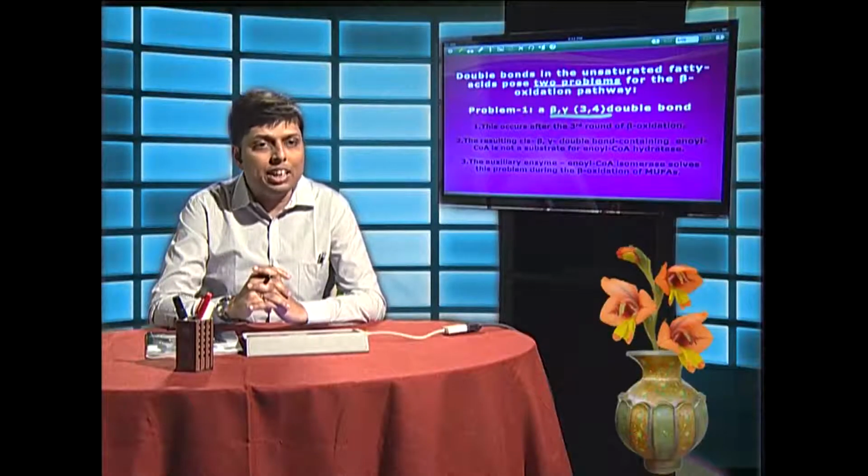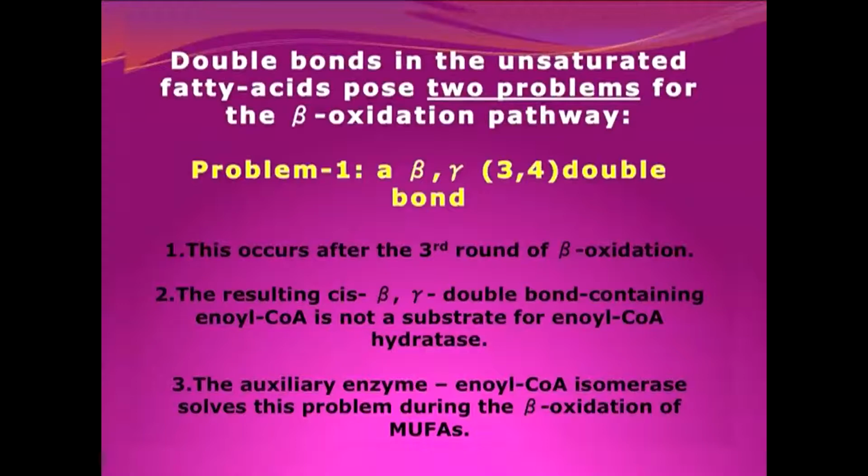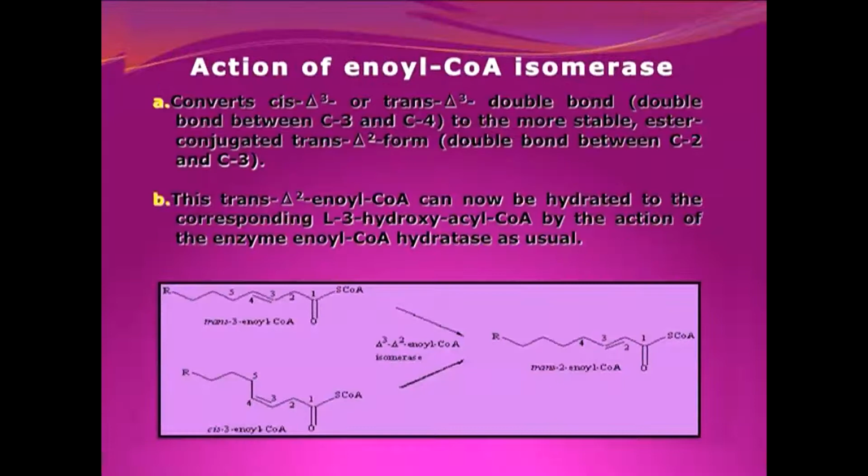So, it has to be changed into a trans delta 2 double bond, that is a double bond present between the carbon atoms 2 and 3, with the help of an enzyme called enoyl-CoA isomerase. Now, this slide will show you how the enoyl-CoA isomerase enzyme works.